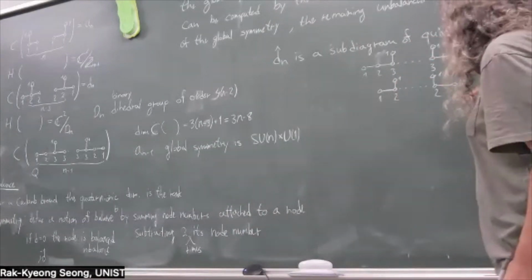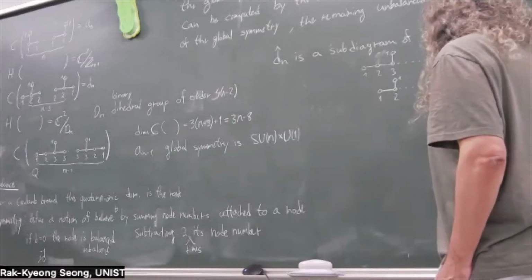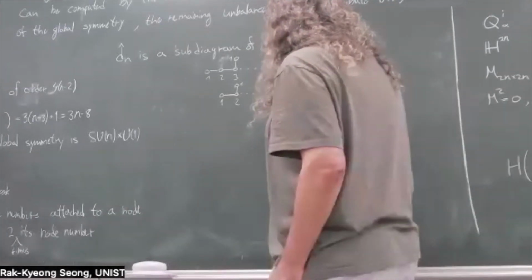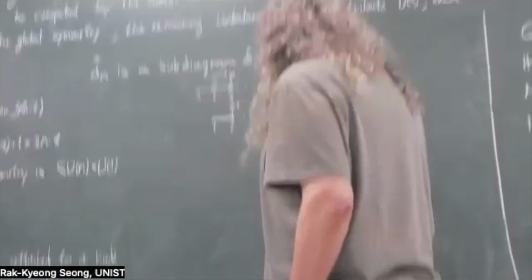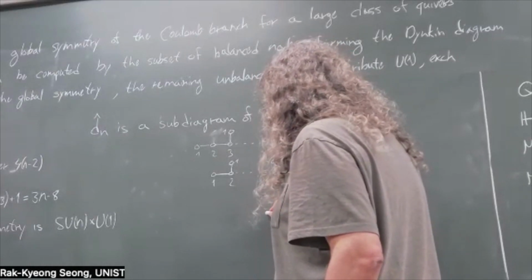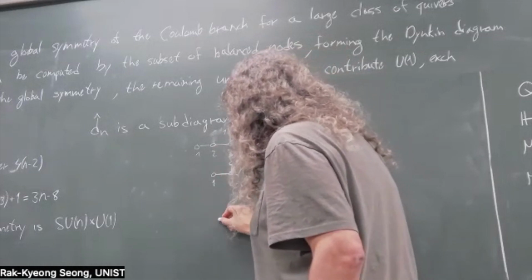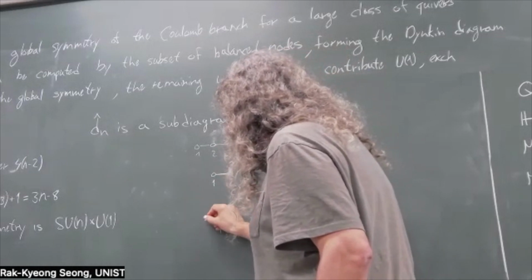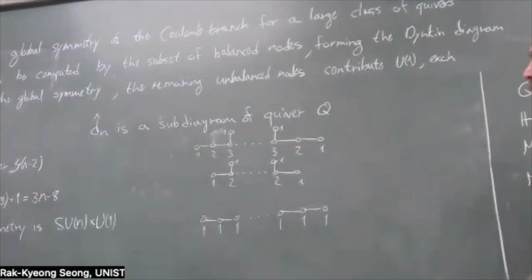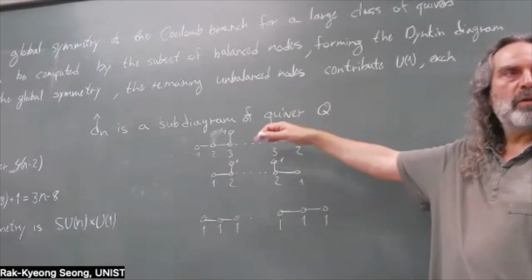So from the subtraction, what I will get is 1 here, 1 here, 1 here, and all the way 1 here, 1, and 1. And those two, this subtraction gives me 0.